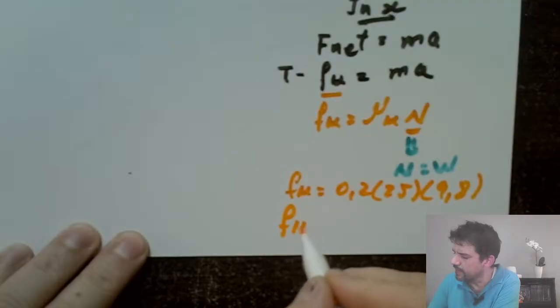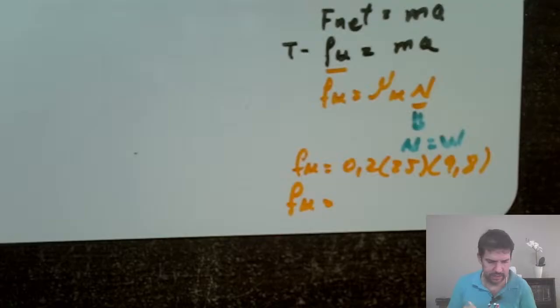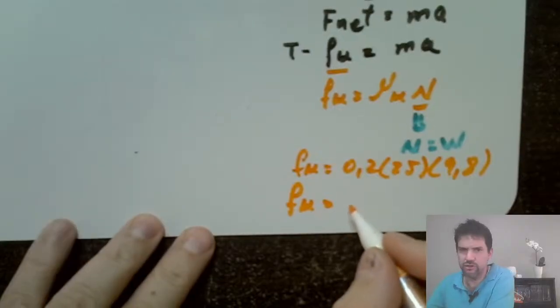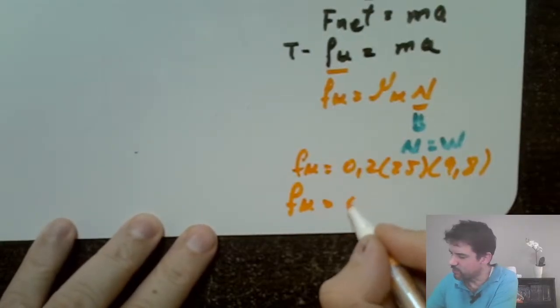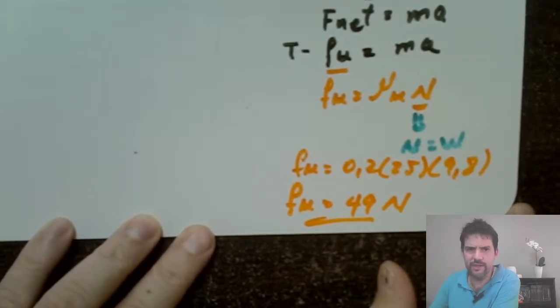That will give you the kinetic frictional force for the 25 kilogram block. Let me calculate it quickly here. 0,2 times 25 times 9,8. I get 49. I hope my calculations are right. I often make mistakes with calculation. I don't pay too much attention to those. All right, so that is the friction.